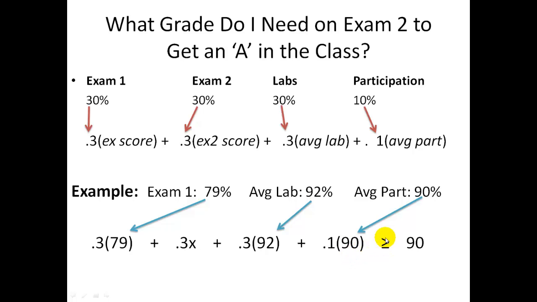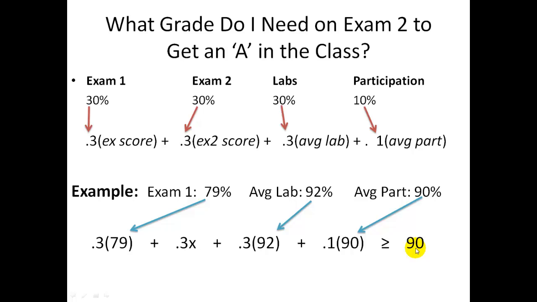And in this case, I've put in greater than or equal to 90. If I'm trying to get an A in the course, the minimum grade percentage for an A is 90%. So I want to know what I have to get on this exam, what X has to be, in order for my score to be greater than or equal to 90.